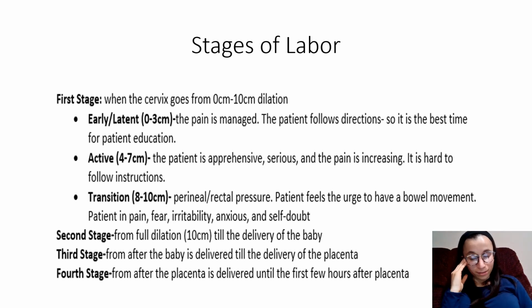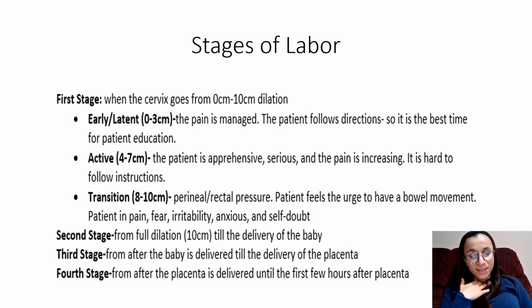The next one is transition, when they're 8 to 10 centimeters, when they're starting to get rectal pressure, feeling the urge like they have to go to the bathroom, when they really don't. They're in real pain, fear, anxious, and just not a good time.